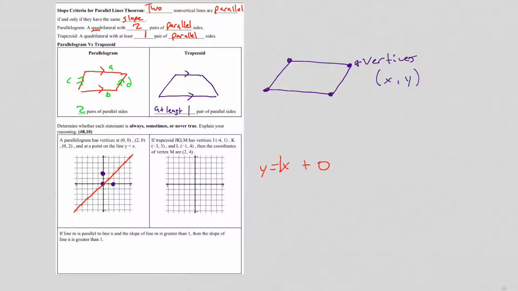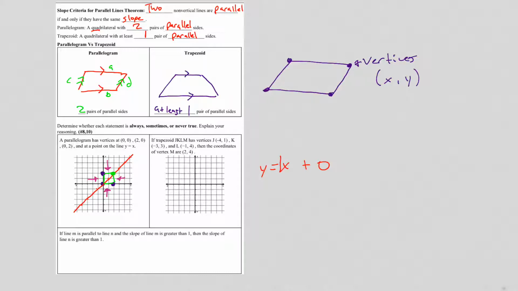If this line is parallel to some line above, it's going to be right here. So there, a square, right, is a good example of a parallelogram. These lines here, right? That line there is parallel to that line there. And that line there, parallel to that line there. So I hope that makes sense.